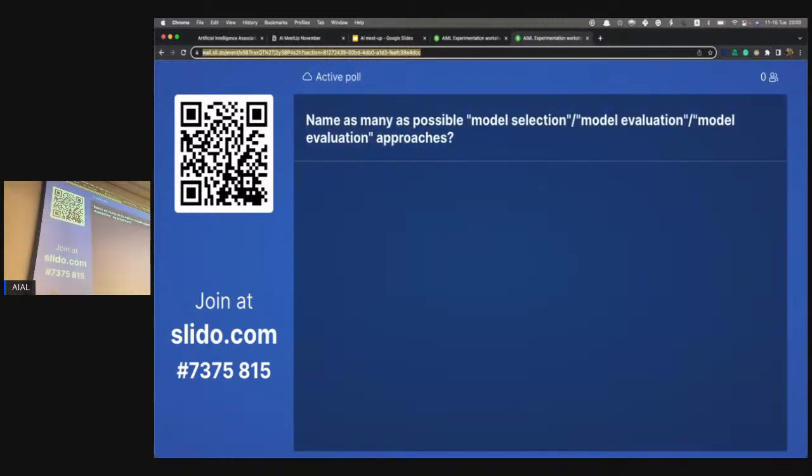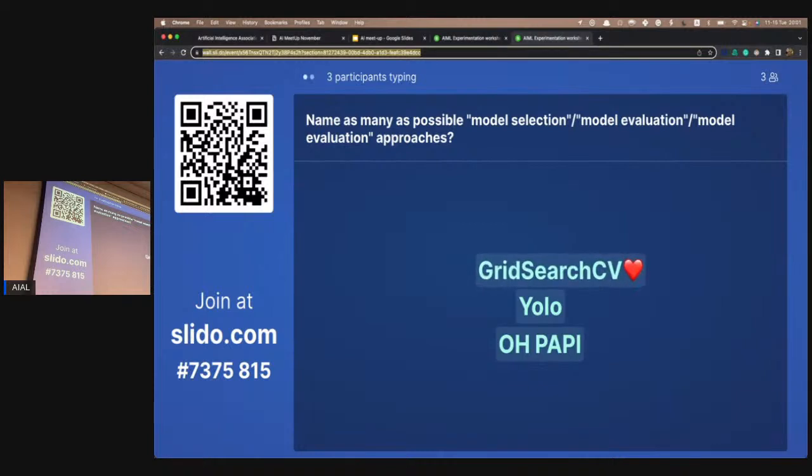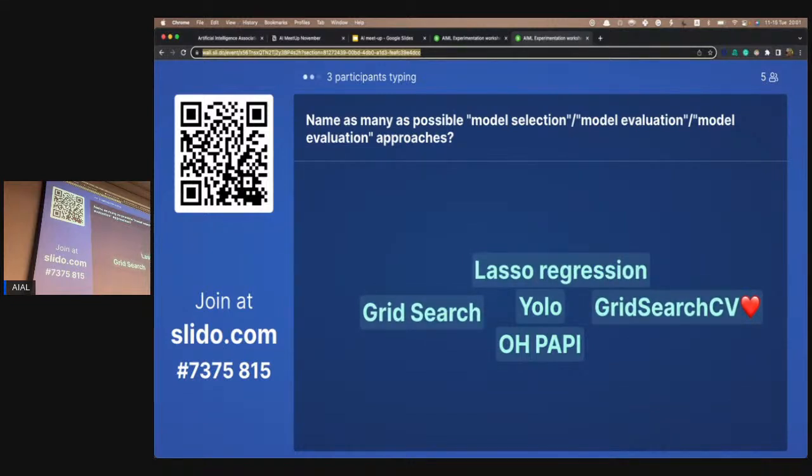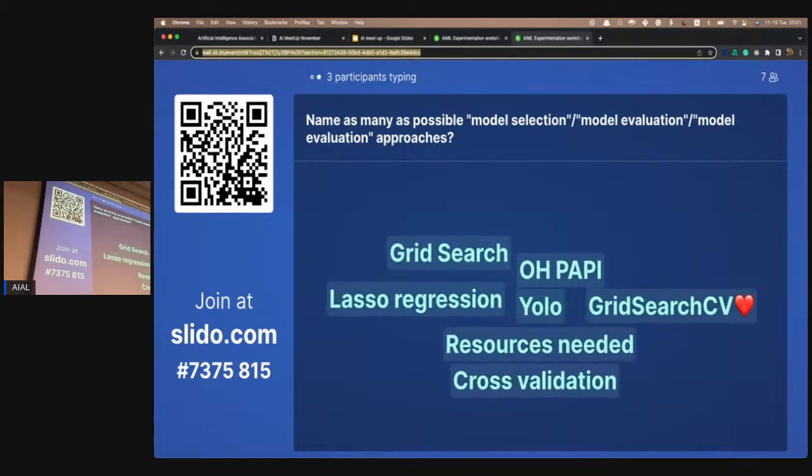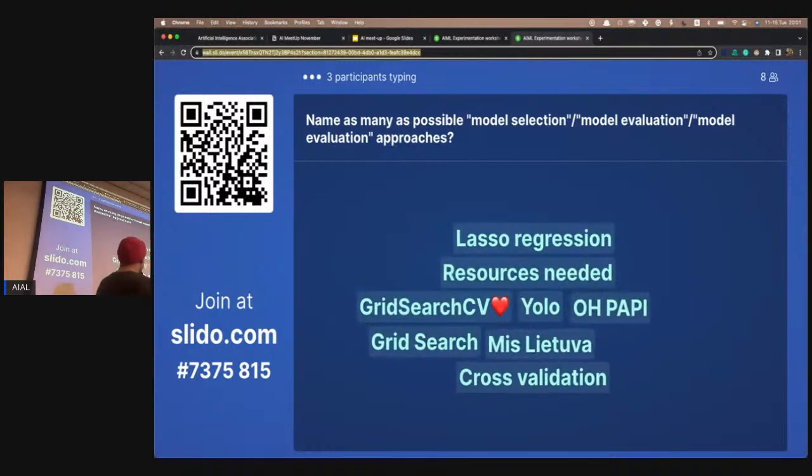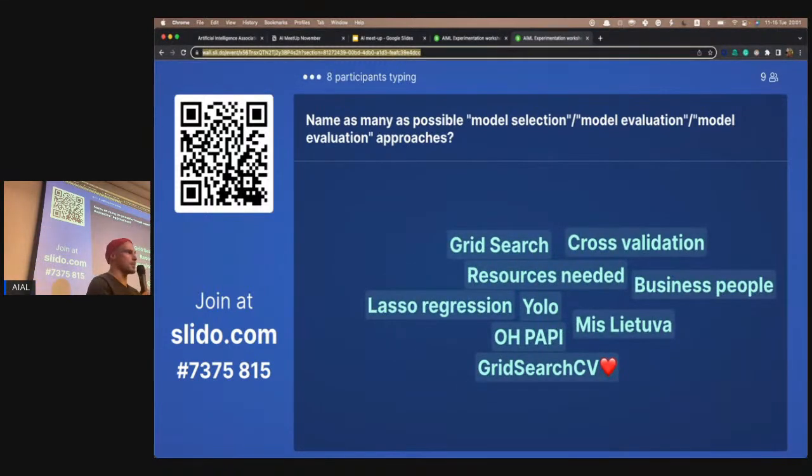There it is. This is really now a research agenda from me. This is not related to the presentation. Great search, nice. Great search. Okay. Cross-validation. Anything else? Business people.